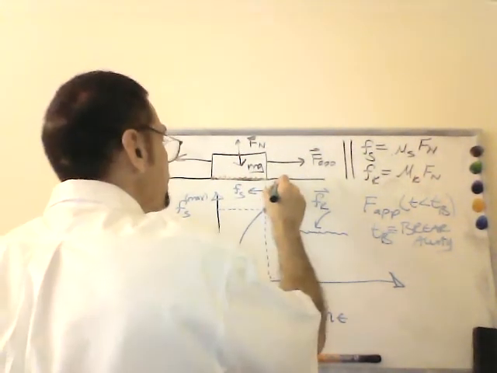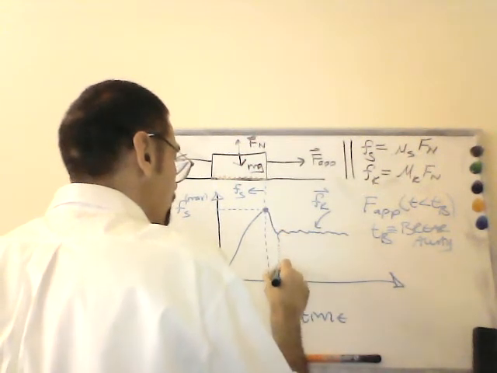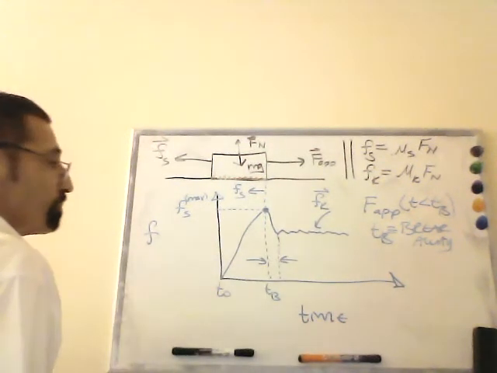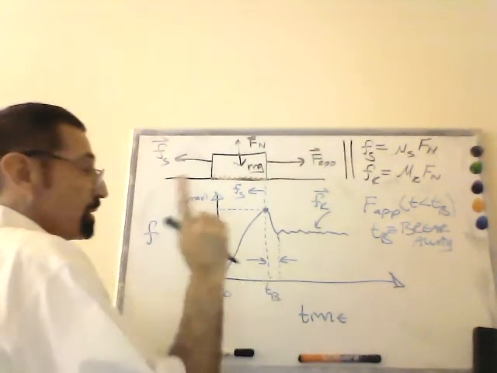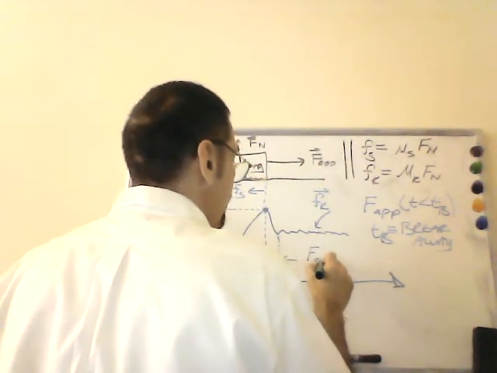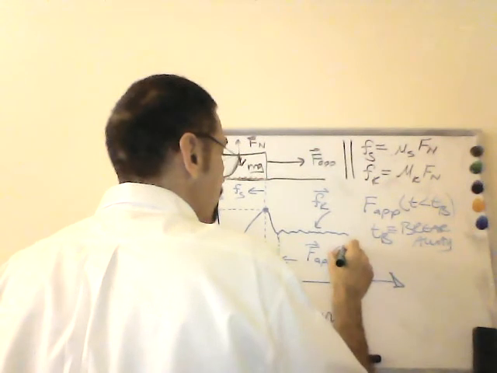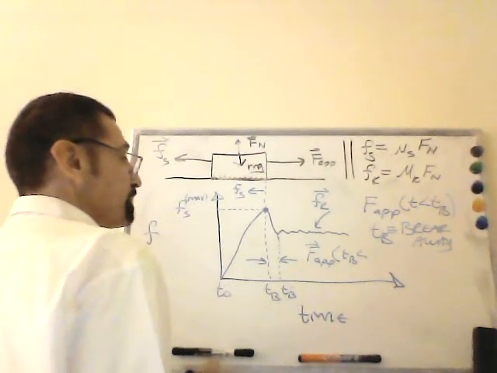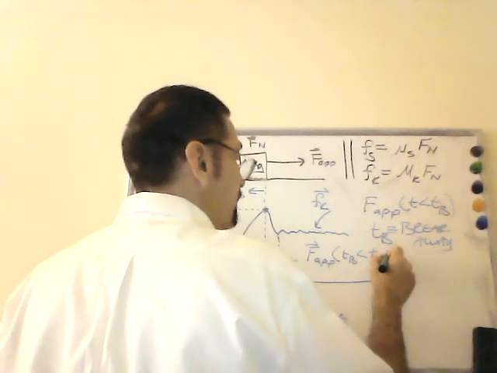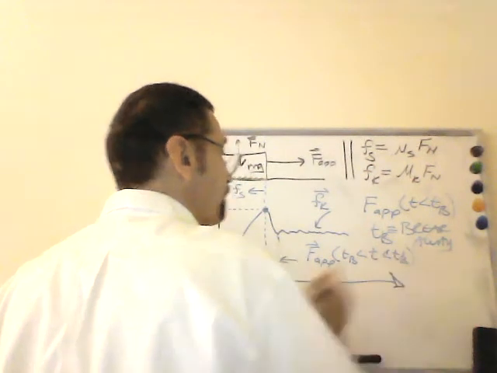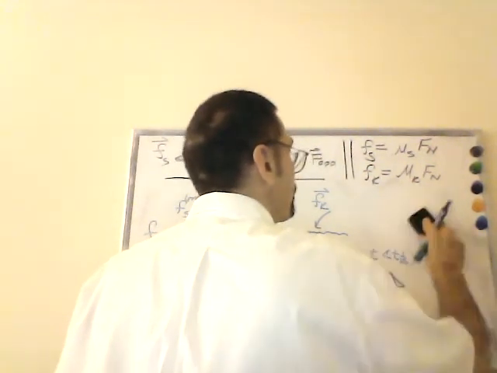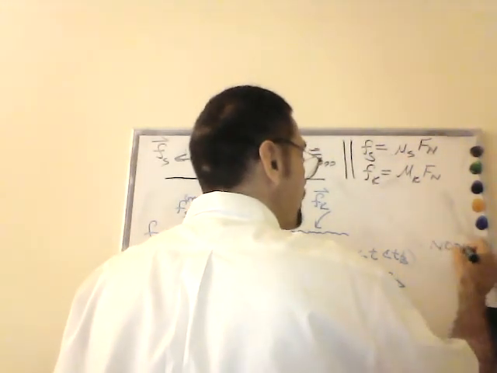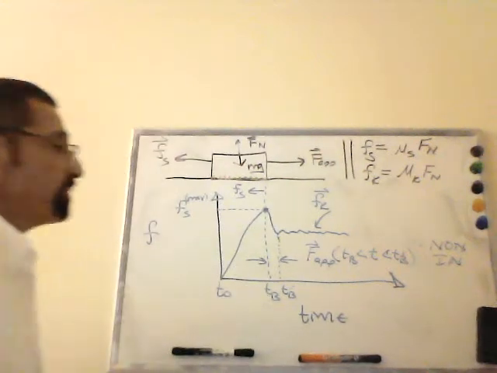So given that, you can see that in this regime you have a non-inertial state. In other words, for F applied at T greater than TB and less than TB prime, what we have now is a non-inertial state.